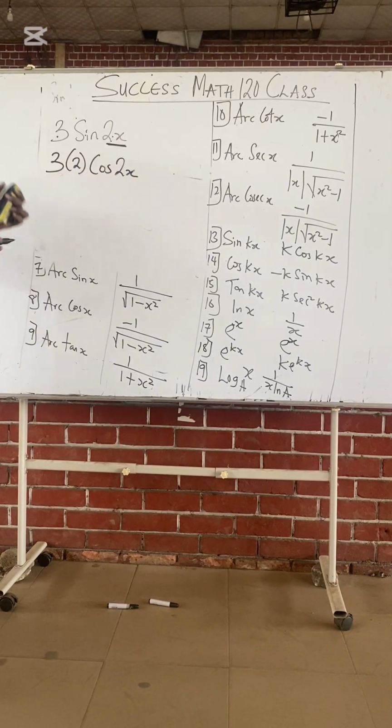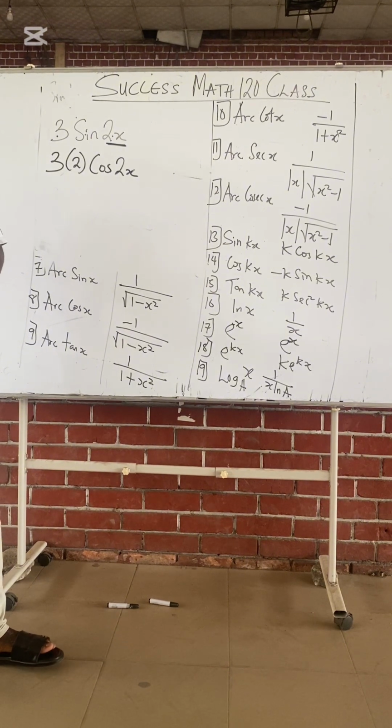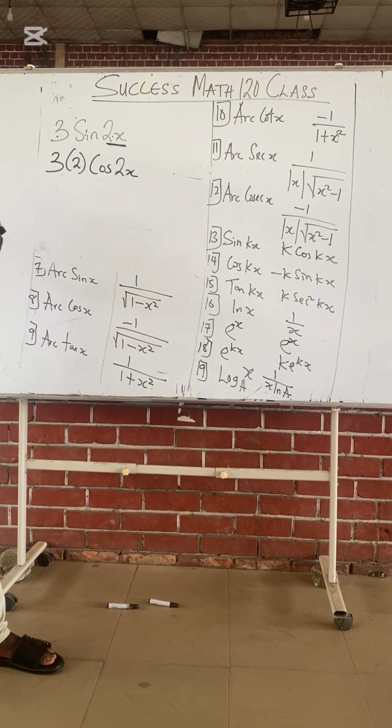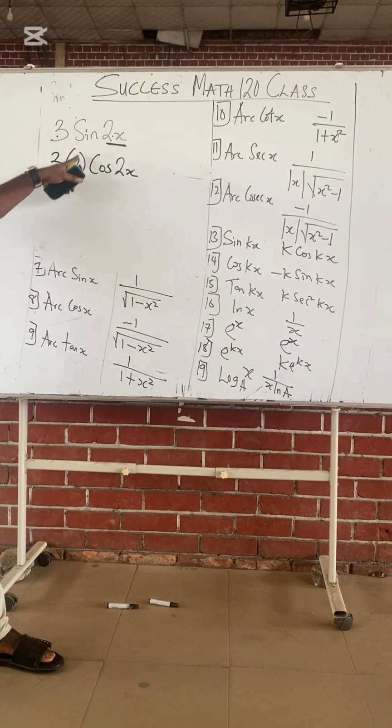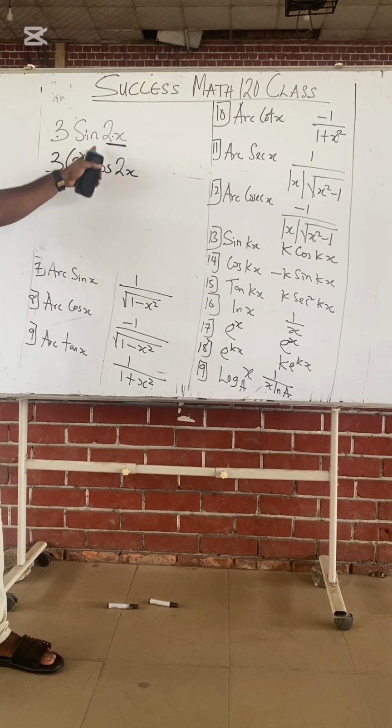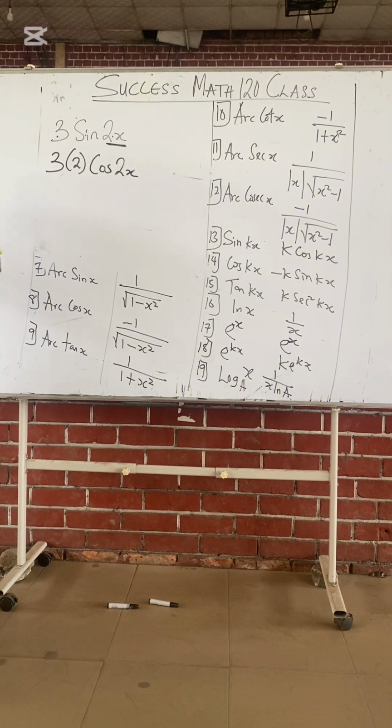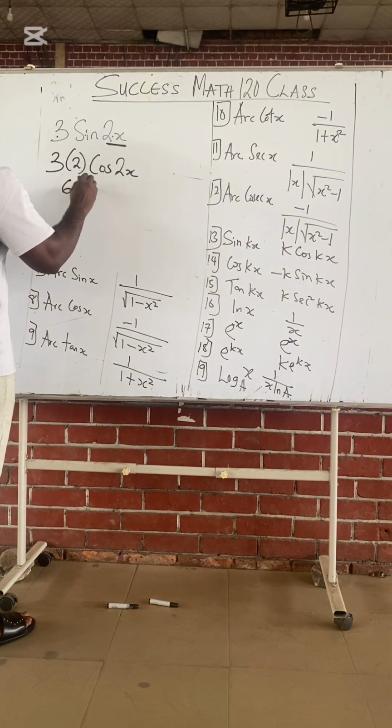So anytime you have a number before the trigonometric function, nothing happens to that number. Don't say it's a constant so it disappears. Nothing happens to the 3. Differentiate 2x, you have 2. Sine changes to what? Cos. Repeat your 2. 3 times 2, 6 cos 2x.